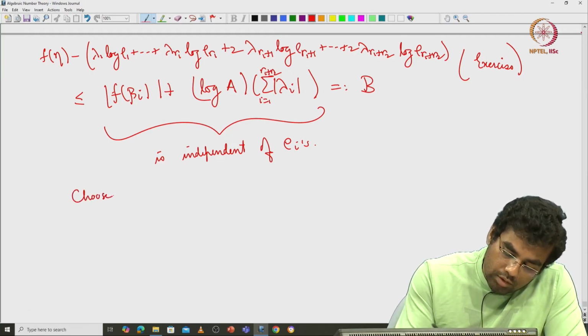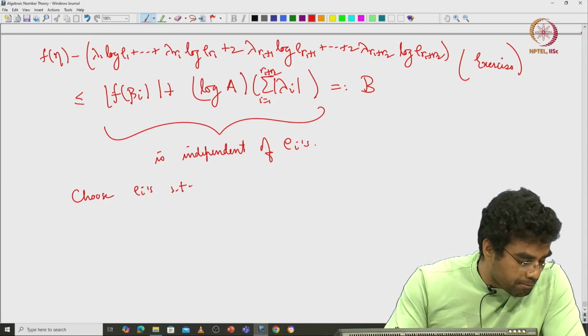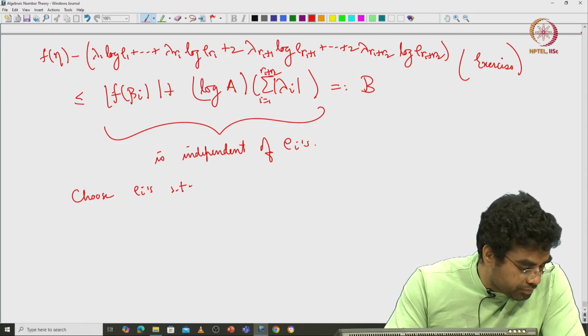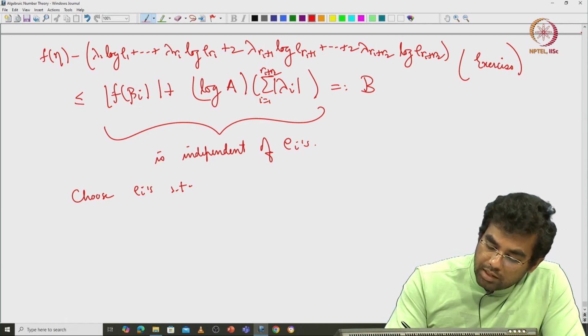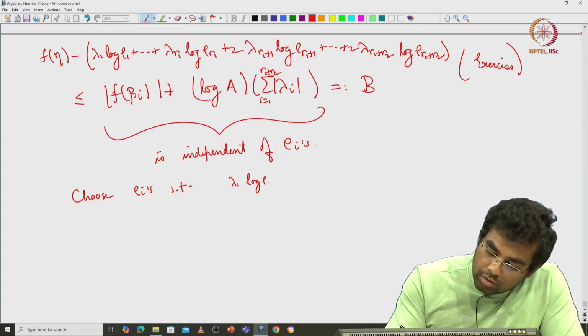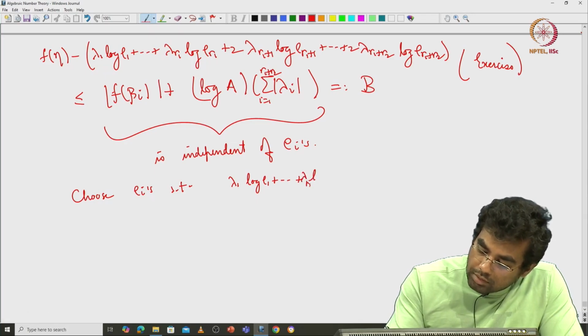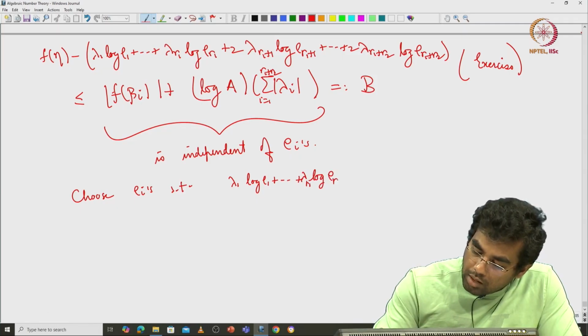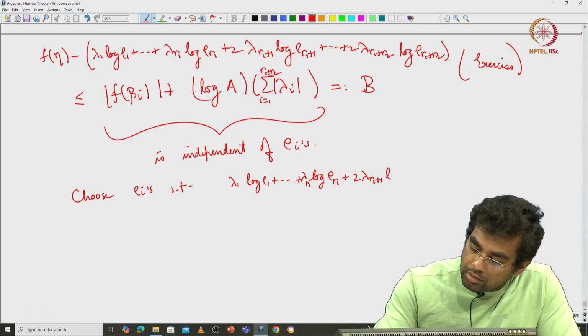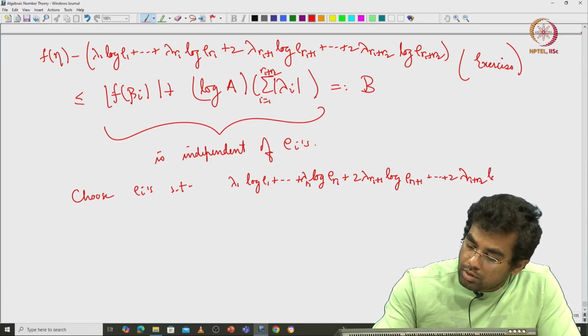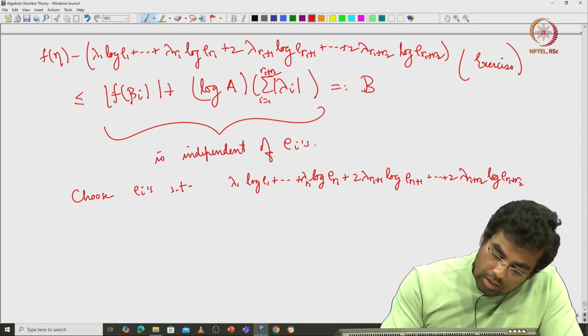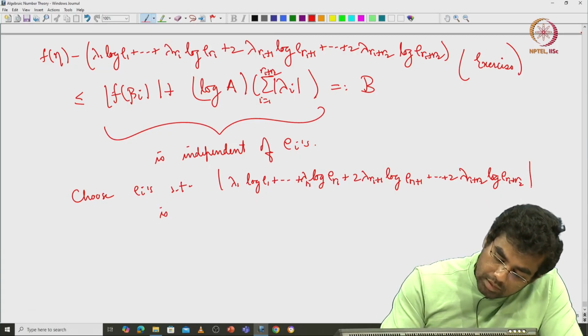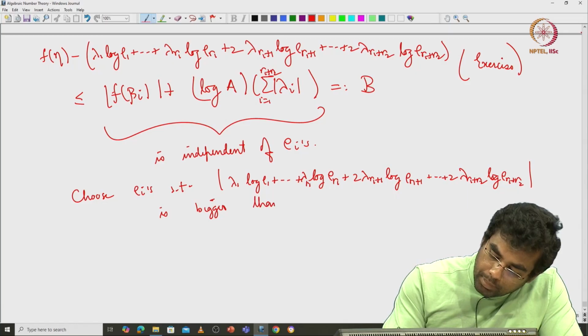Choose rho i's such that this quantity that we are subtracting from f of eta, lambda 1 log rho 1 and so on, lambda r1 log rho r1, plus 2 times lambda r1 plus 1 log of rho r1 plus 1, and so on, plus 2 times lambda r1 plus r2 log of rho r1 plus r2, has modulus bigger than b.